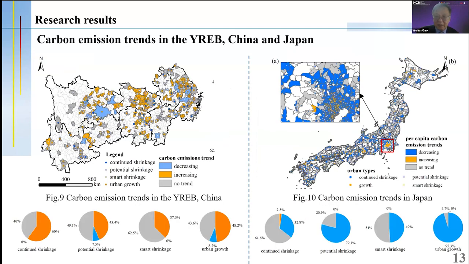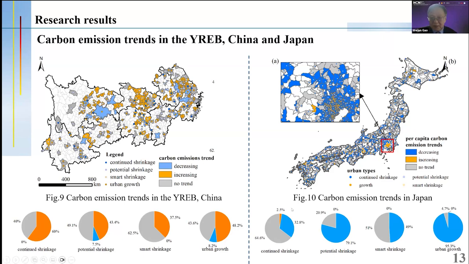And this is a chart of the carbon emission in different cities. In China, the change of per capita carbon emission is mainly dominated by growth cities and growth and fluctuation.